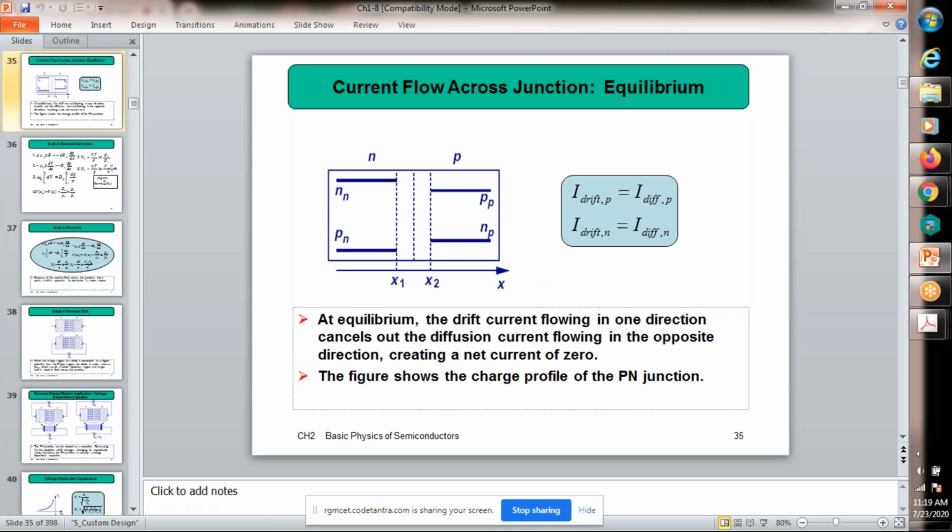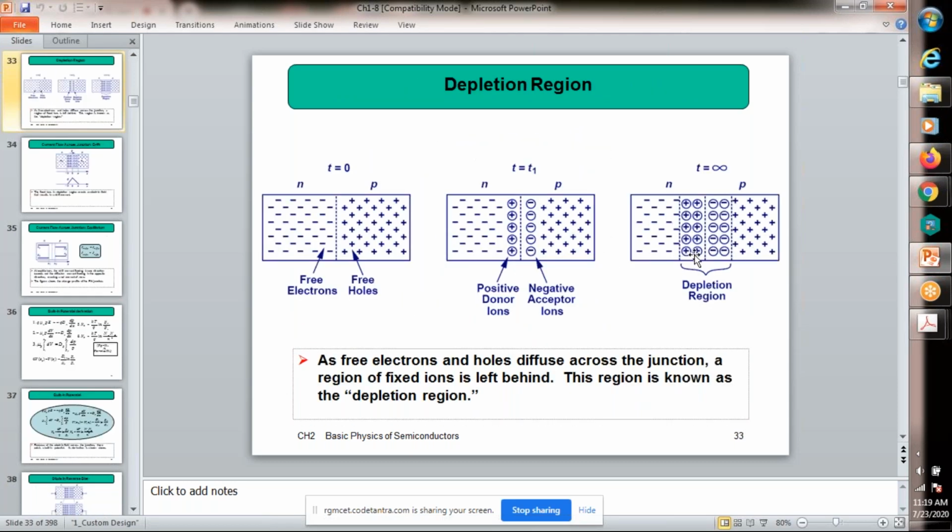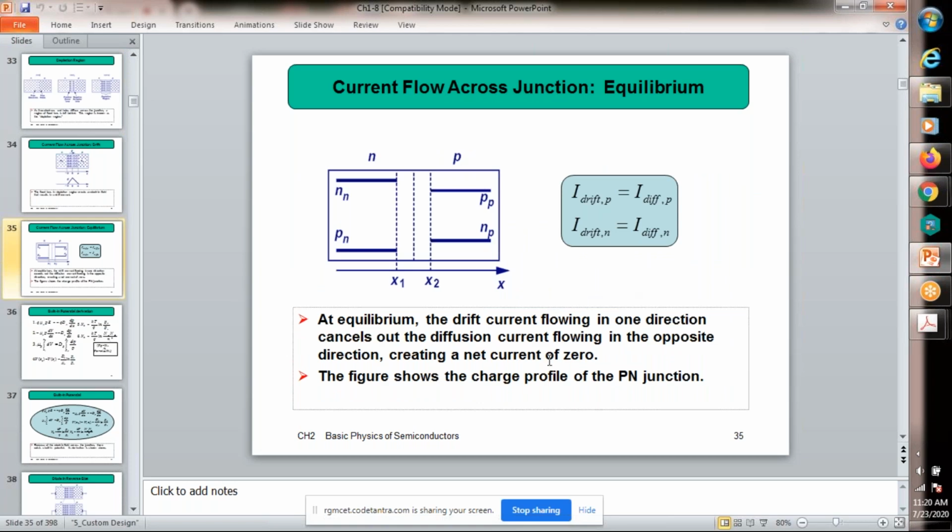Then what about this diffusion current or drift current? We may treat these currents as transient currents. Transient current means it appears only for a few nanoseconds, and after that it dies and reaches 0. Why? Because it is an open circuit, and in an open circuit the current is equal to 0.